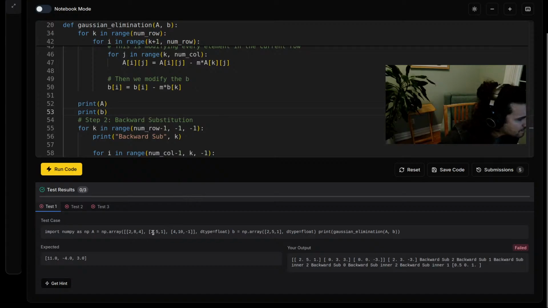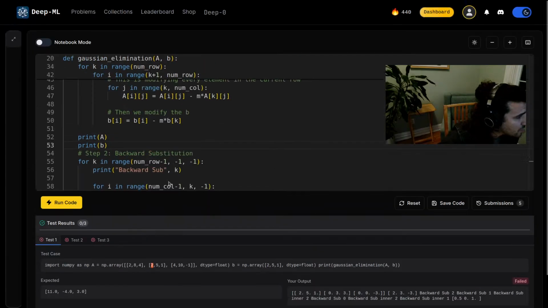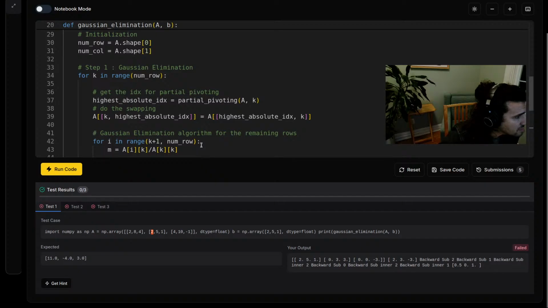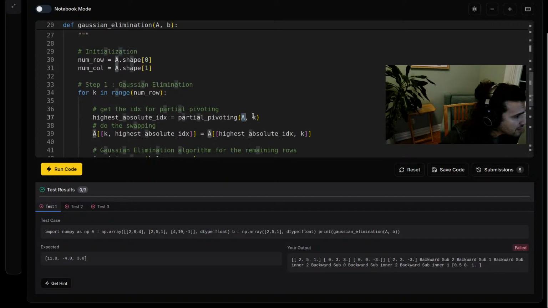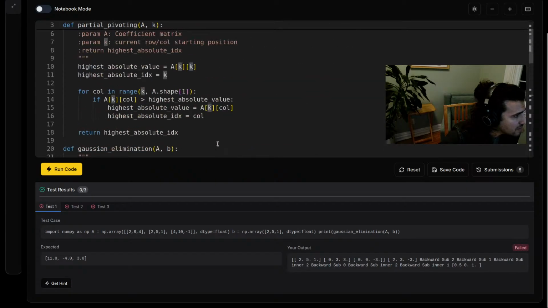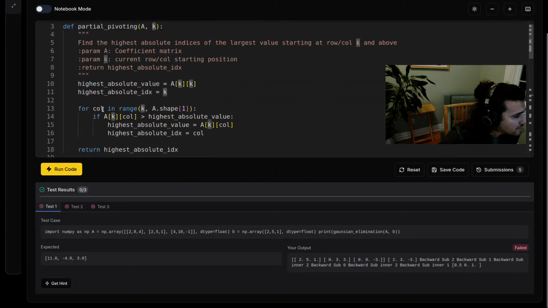Am I swapping? I don't think it's top notch either. I have my A and my K here. It should be 0 at the start. For column in range 0 to number of columns.